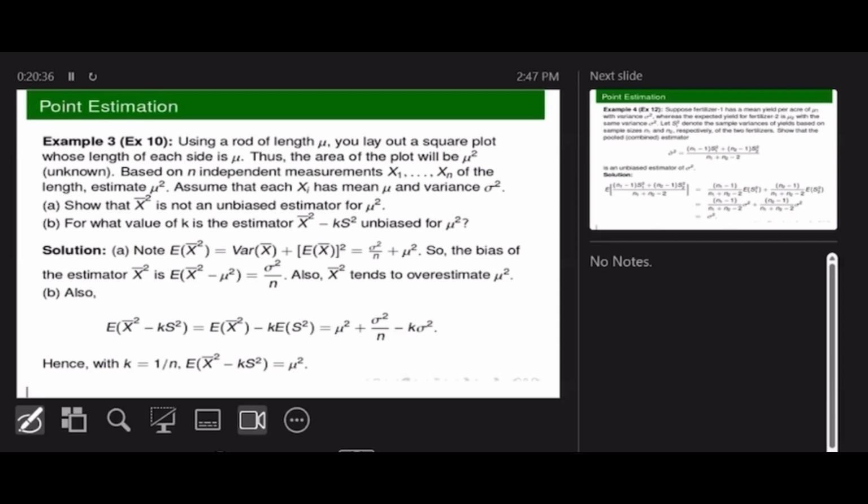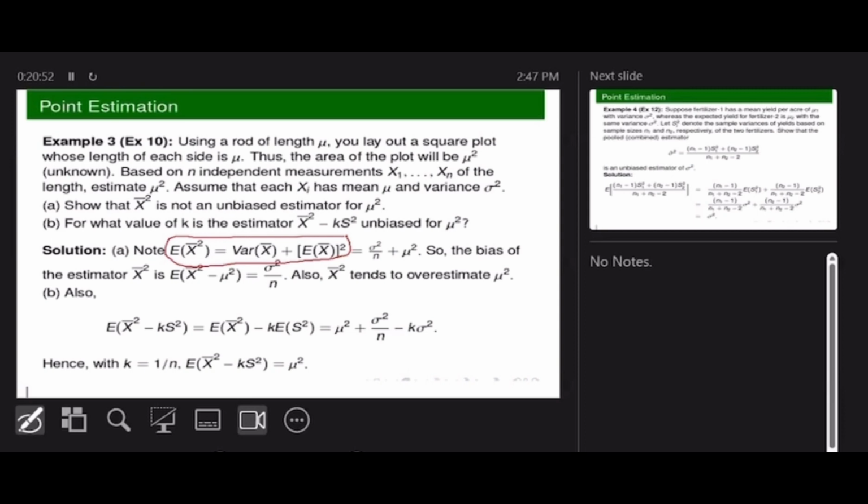I need you to take a look at this. We're focusing on the expected value of x bar squared. We want to see whether it's going to give us mu squared or not.